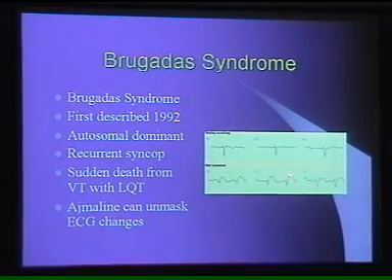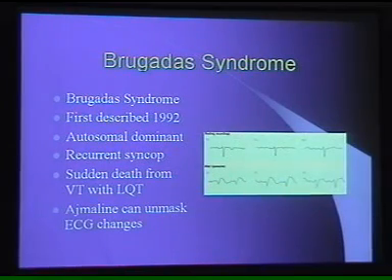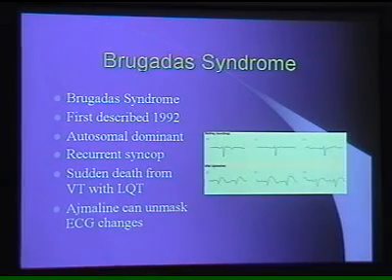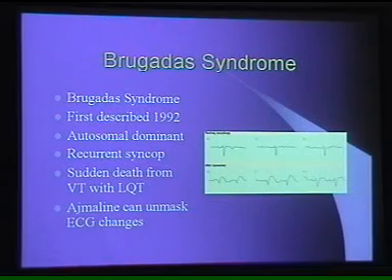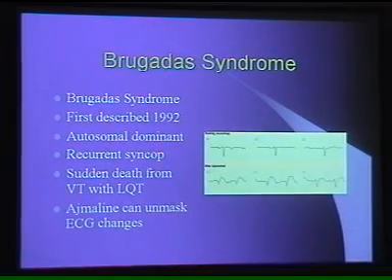Now these changes in the right-sided chest lead V1, V2, V3 are the hallmark of this congenital condition. If detected, sudden death can be prevented in these individuals by giving them an implantable cardioversion device, ICD.